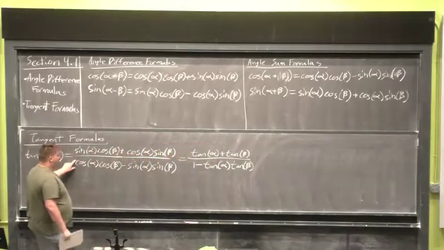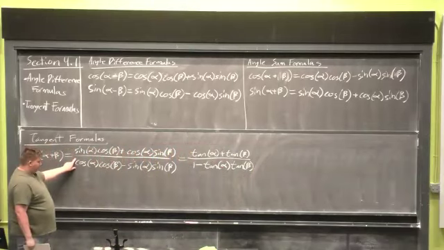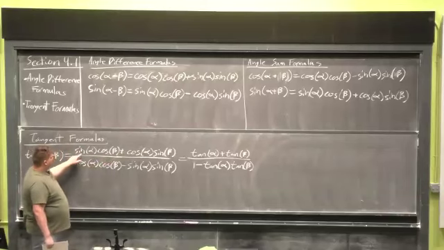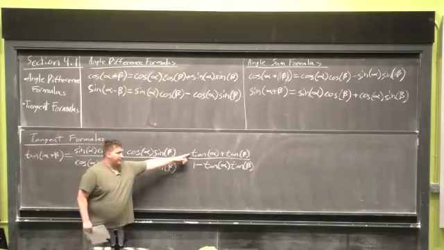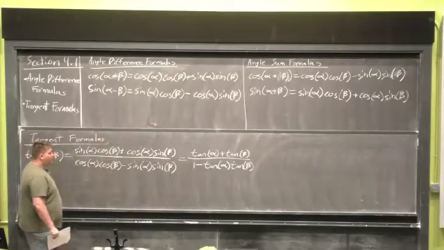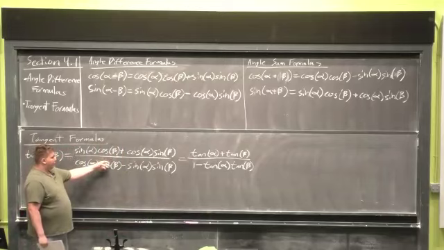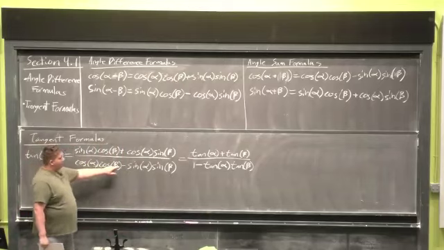We'll just take the top and bottom, divide by cosine alpha. Cancel here, and then we're left with sine of alpha over cosine of alpha, giving us tangent of alpha. Now divide the top and bottom by cosine of beta, and again, this will now just be 1.